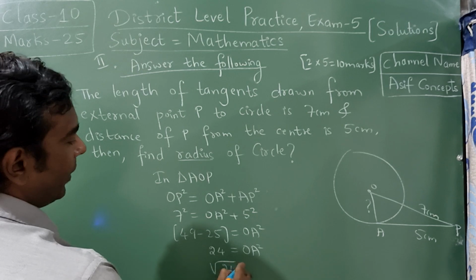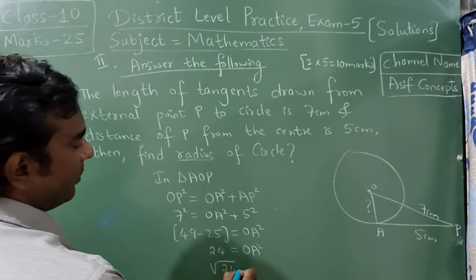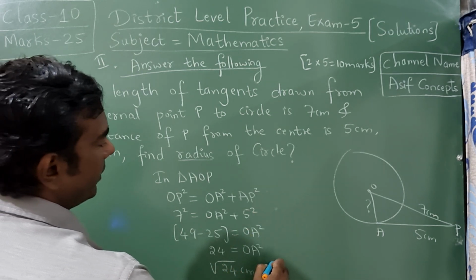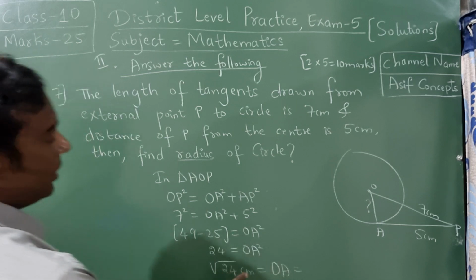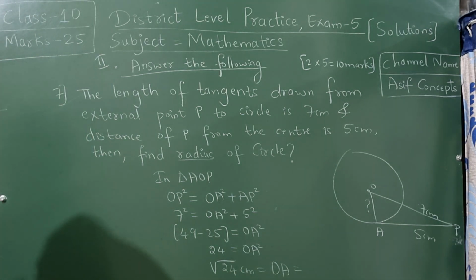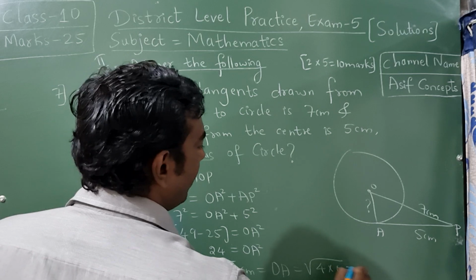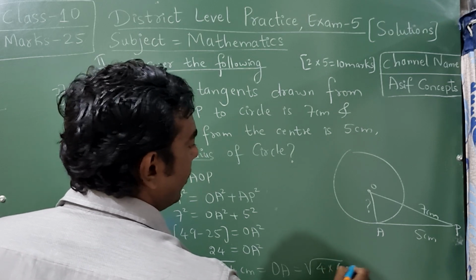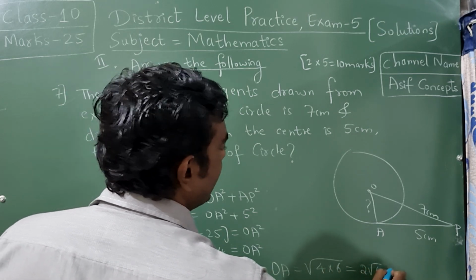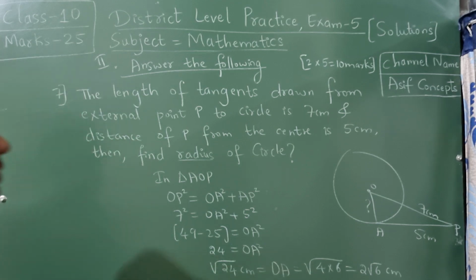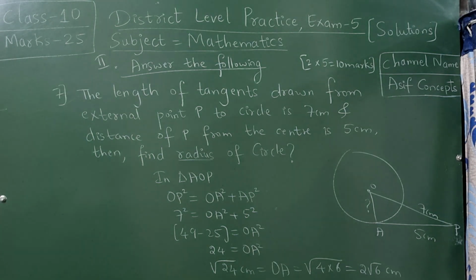Square root of 24, since it all are in centimeters, you can write in centimeter. So radius is how much? Square root of 24 centimeter, or you can write 4 6s are 24. So square root of 4 is 2, 2 root 6 centimeter. You can write like this also.